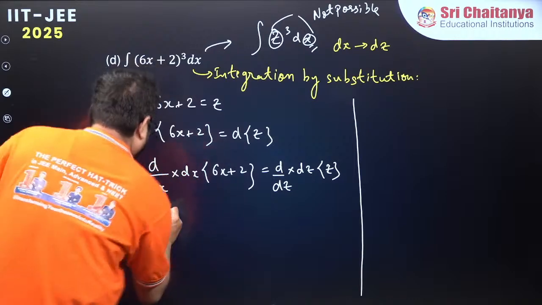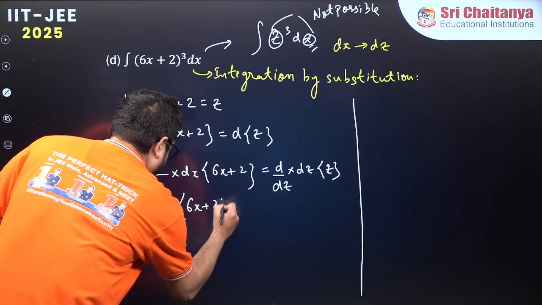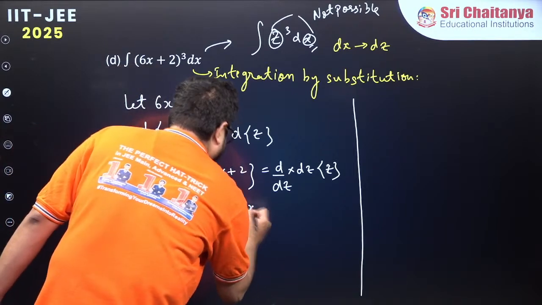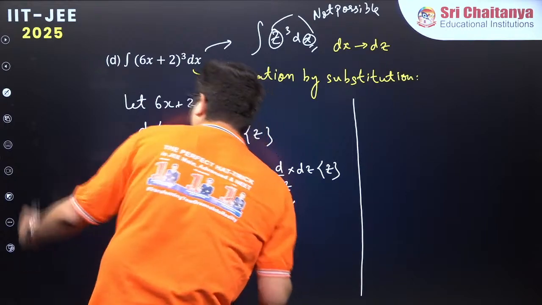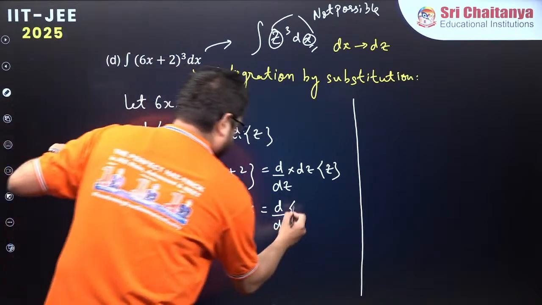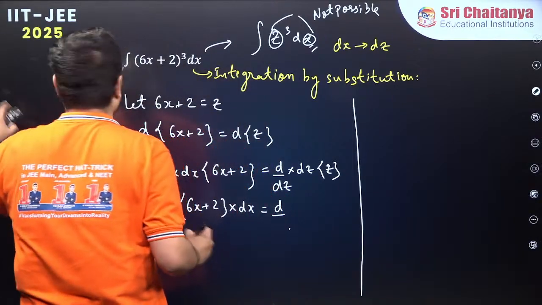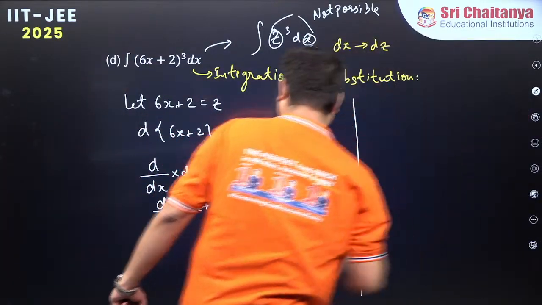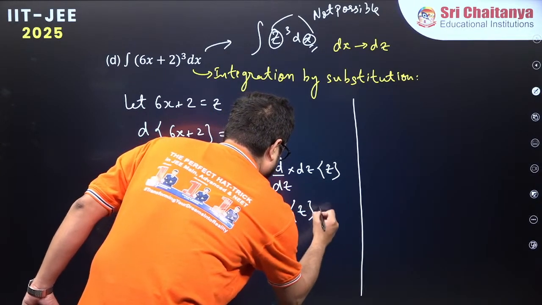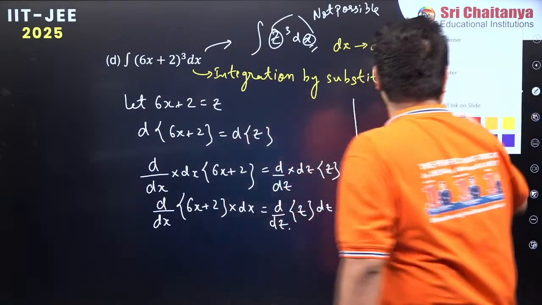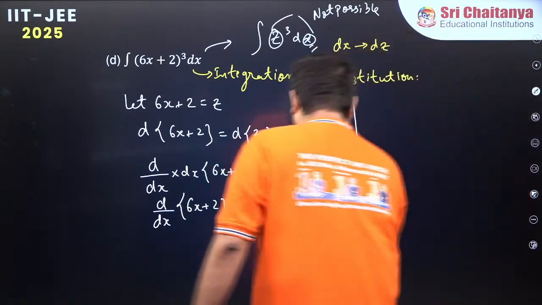Those who did not understand the previous question, can see: d by dx of 6x plus 2 into dx is equal to d by dz of z into dz.